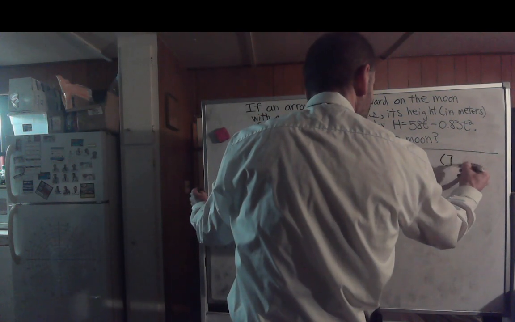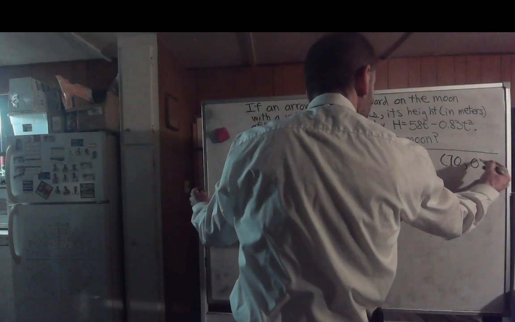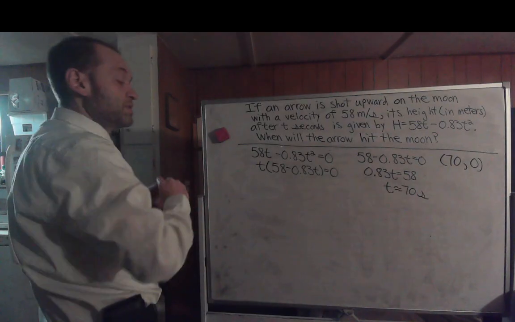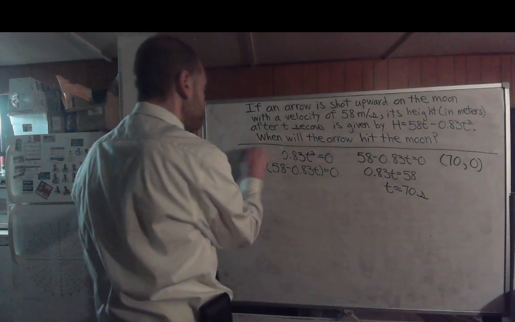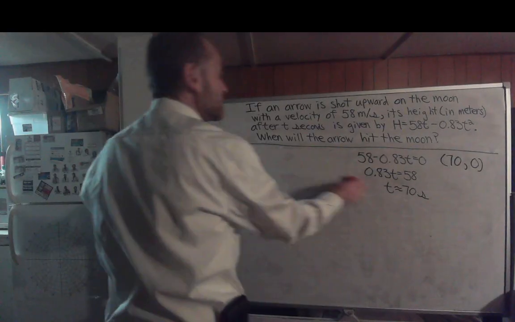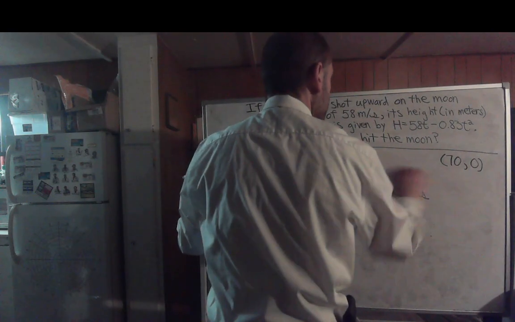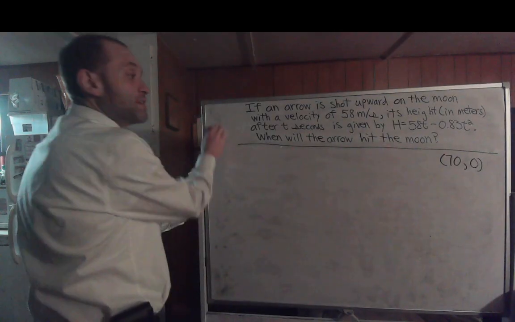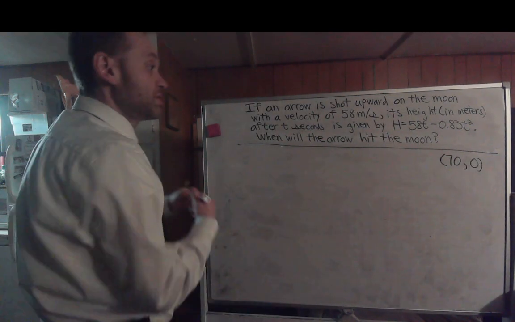So that means at 70 seconds, the height is 0. That's going to come into play for the last part, which is what is the velocity when the arrow hits the moon. So we want to find the velocity when the arrow hits the moon.